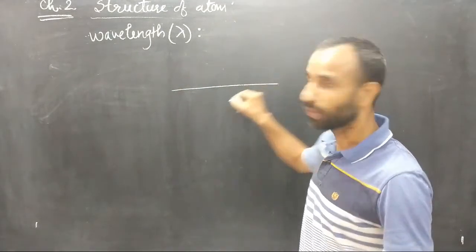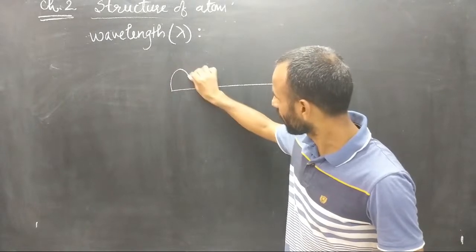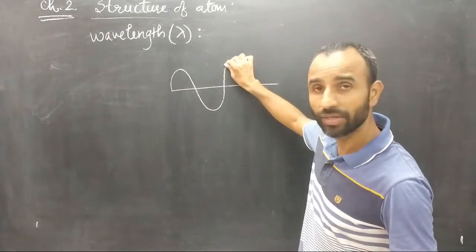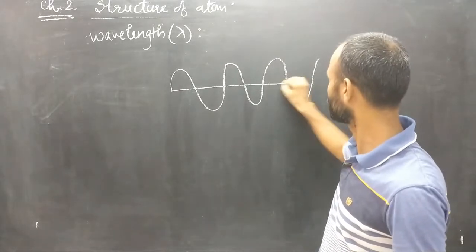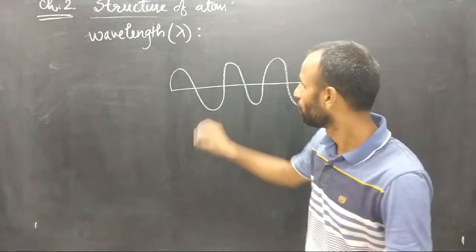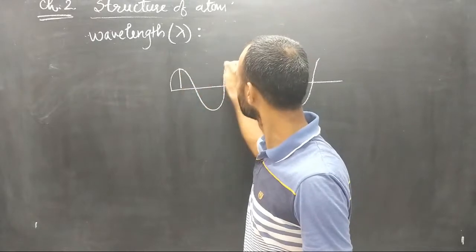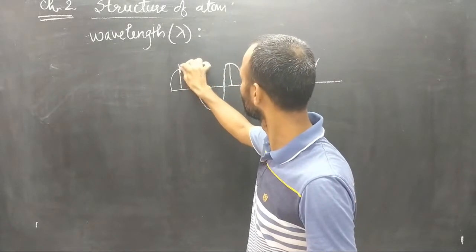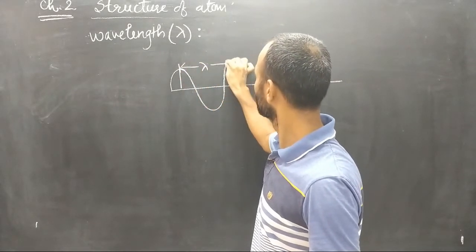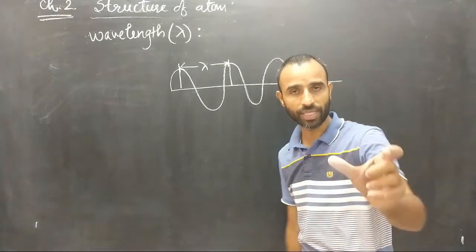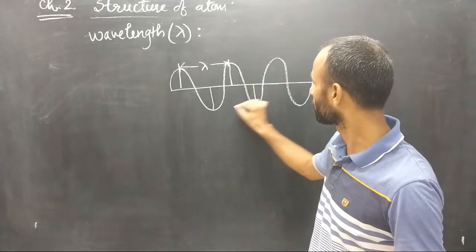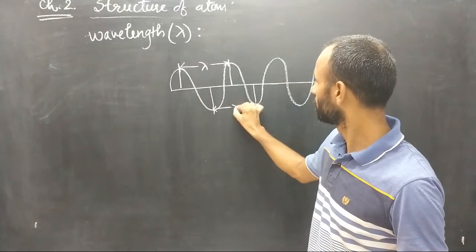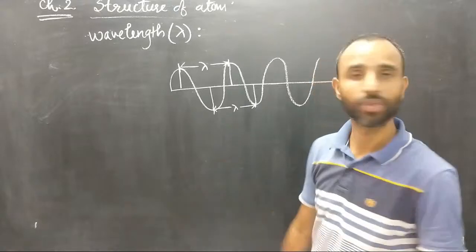See, if a wave is traveling, it has crest and trough, crest, trough, like this. So the distance between two consecutive crests or consecutive troughs, that is called wavelength.